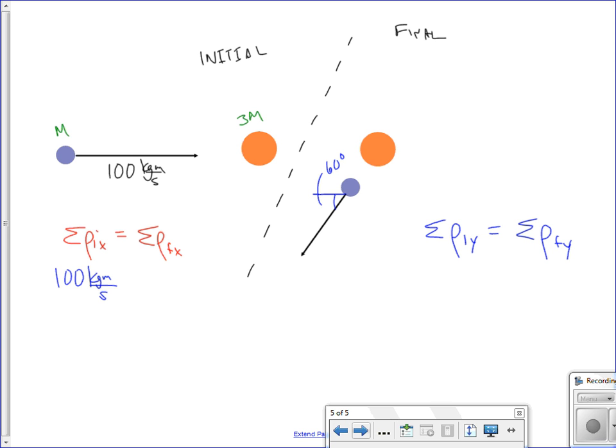What I would do is look at components of this one's final momentum, P1 final y and P1 final x. I don't know if it's really 60, but I already said it, so I'm going to keep it. So let's call this 70 kilogram meters per second.